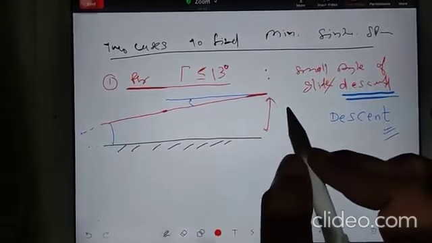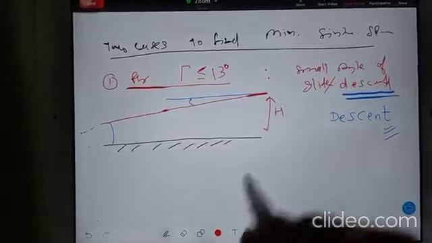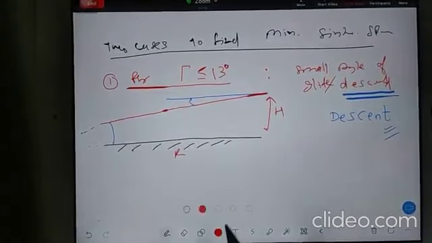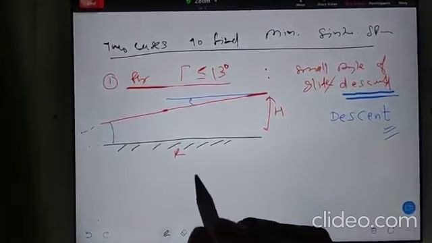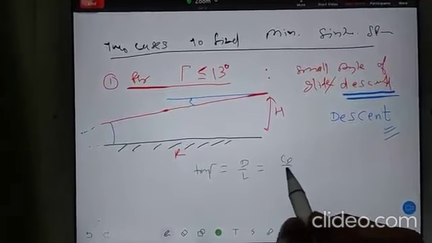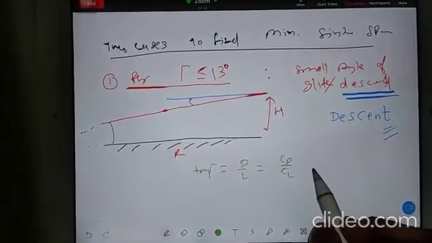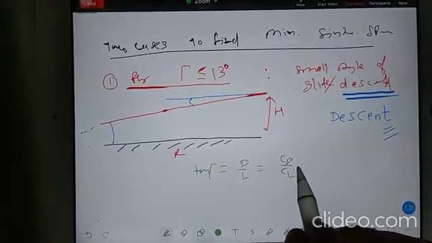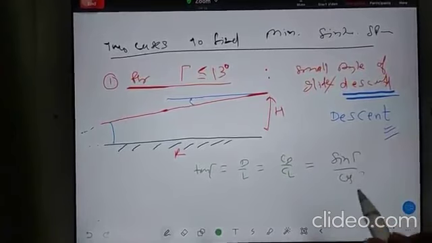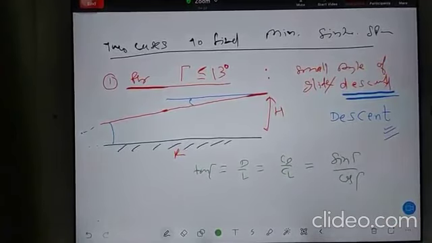So at that time you have h, that is height, and then you have this range R. Just now we have seen that our tan gamma was coming as D by L, that I can write as CD by CL. And if I am writing this as CD by CL, then I can also write this as sin gamma by cos gamma. Now see, from here mathematics is involved.